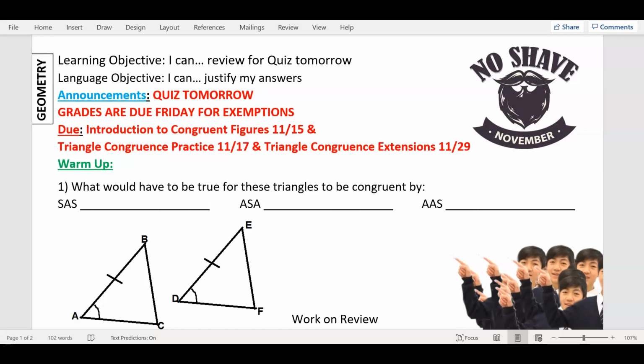Okay, now for the warm-up, what would have to be true for these 2 triangles to be SAS? So check it out.